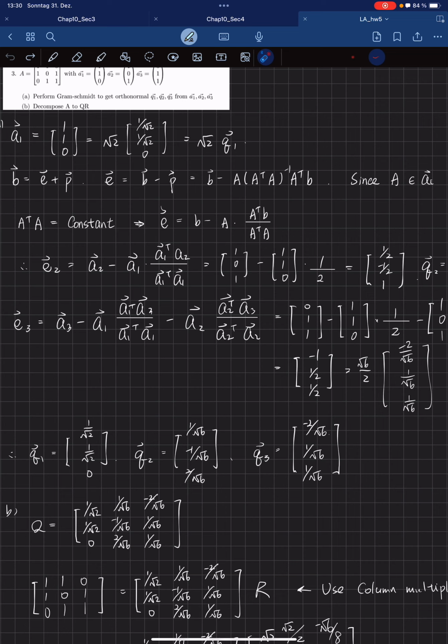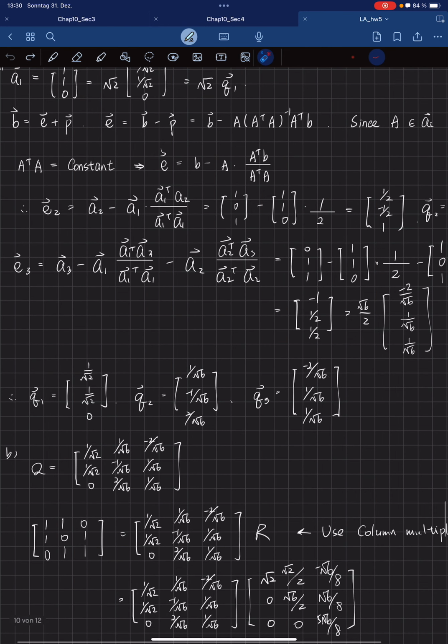Forgive me. So our E is ultimately B minus A times A transpose B divided by A transpose A. So solving for E2, we get A2 minus A1 times A1 transpose A2 over A1 transpose A1.